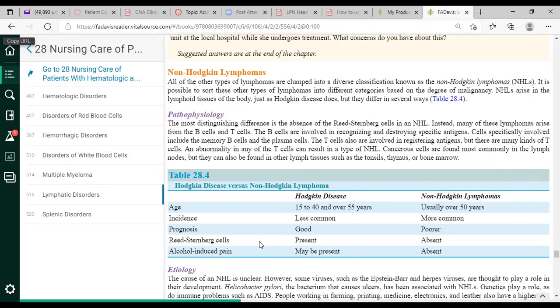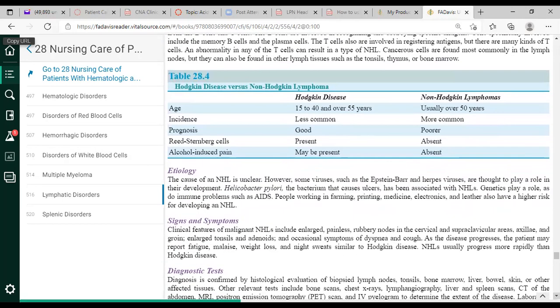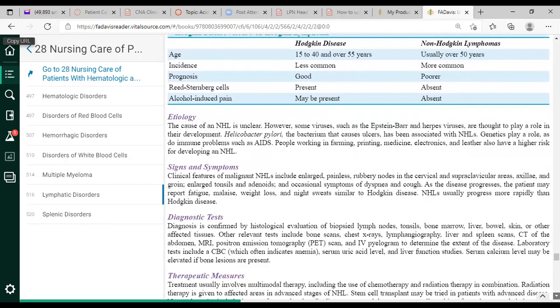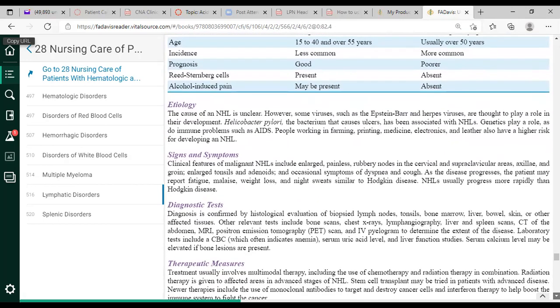You want to keep this in mind, that Reed-Sternberg cells are present with Hodgkin disease, and they're actually absent in non-Hodgkin lymphoma. So that's something you want to know for testing purposes, that Hodgkin disease will present with Reed-Sternberg cells.